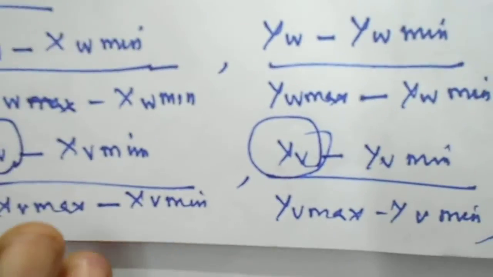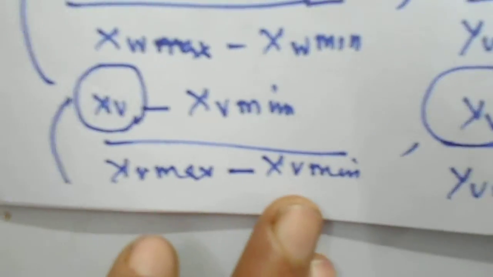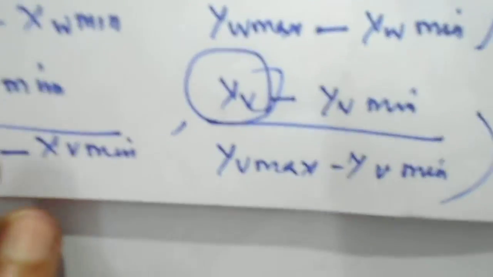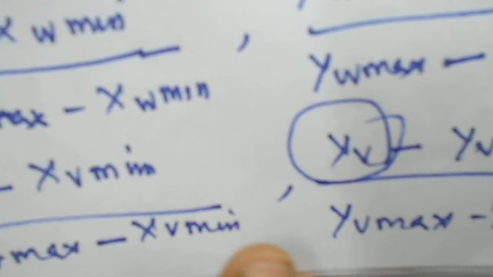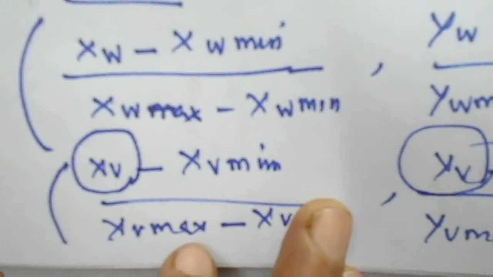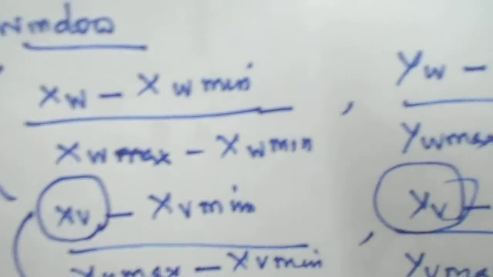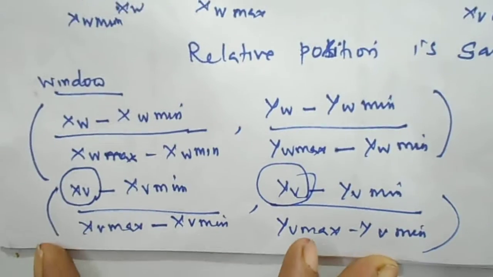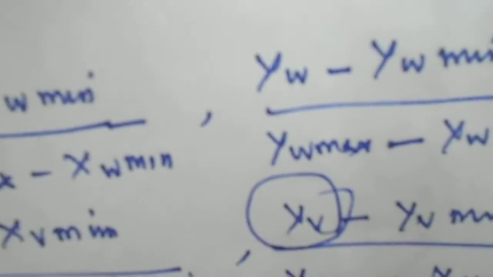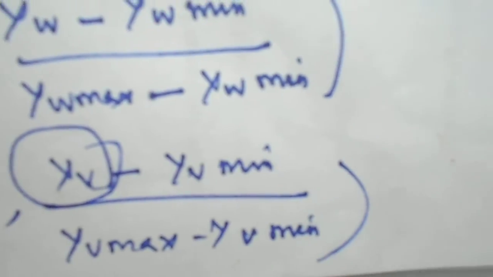If we find xv and yv, which are our device coordinates, with this we can conclude the conversion of world coordinate to device coordinate. This is for only one pixel; that has to be done for the entire object. That process has to be applied for every pixel. Let's see for a single pixel how it converts. Let's find xv and yv.